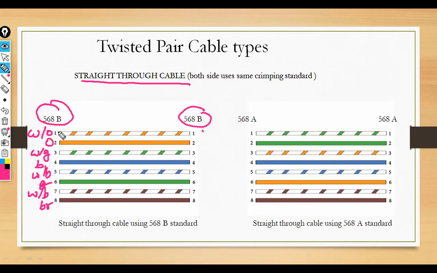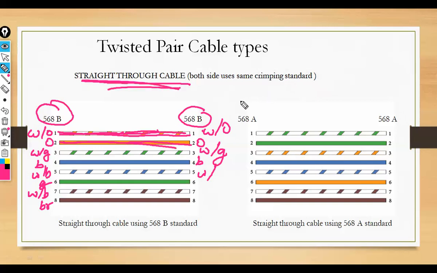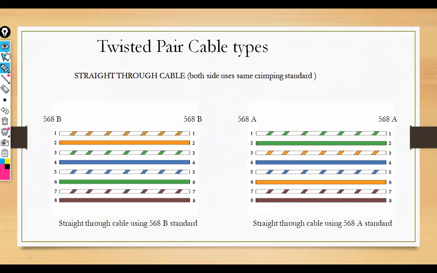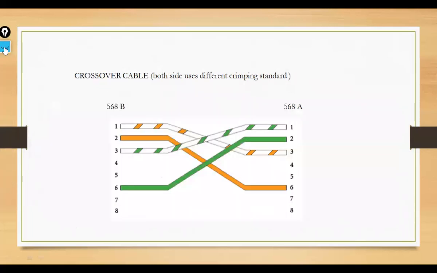That means the first wire, white orange, will come as the first wire here, and the second, orange, will be the second one here. Then the third one, white green, will come here, and blue, white blue. So you can see the wires are going straight, and that's why it's called a straight through cable. Clear?